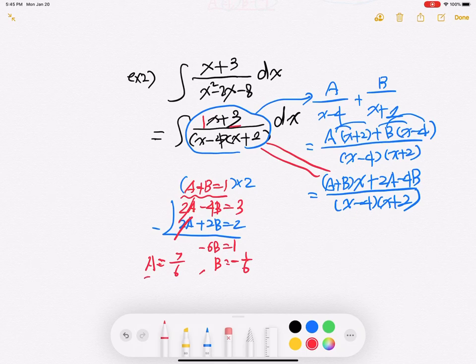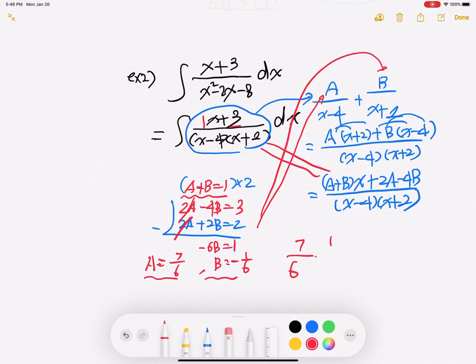So we just found A and B. Plug these numbers into A and B. So A was 7 over 6: 7 over 6 times 1 over x minus 4. And then B is negative 1 over 6: negative 1 over 6 times 1 over x plus 2.